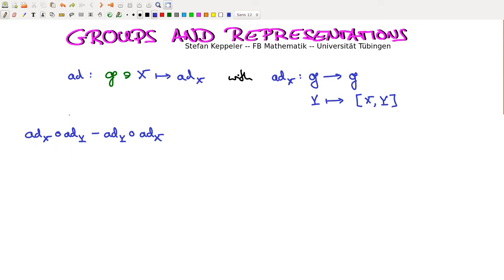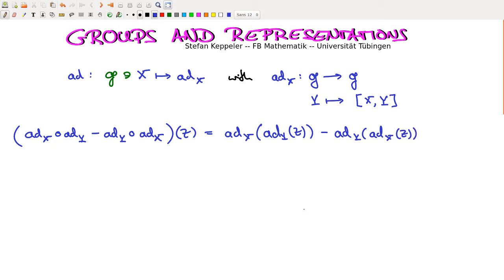And in order to be able to write this down, let's apply this to some element z of the Lie algebra. Then we get ad_x of ad_y of z minus ad_y of ad_x of z. Okay, so what's that?